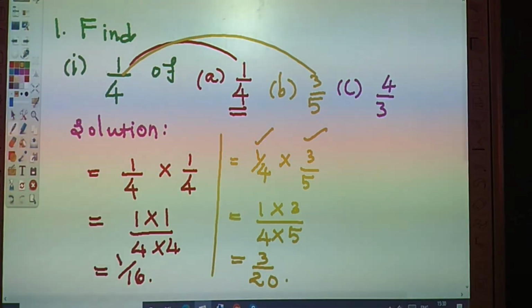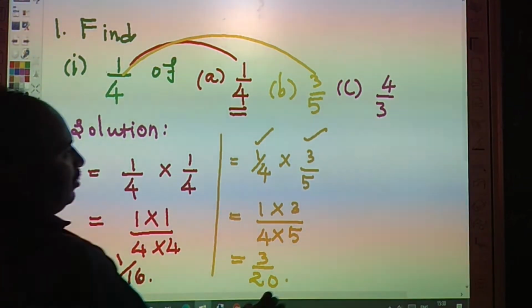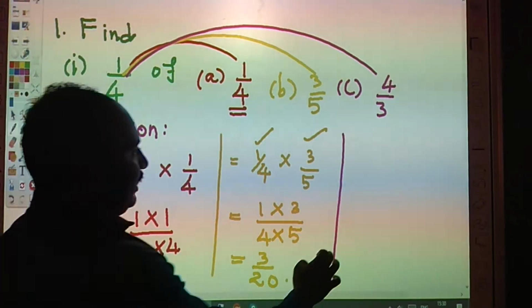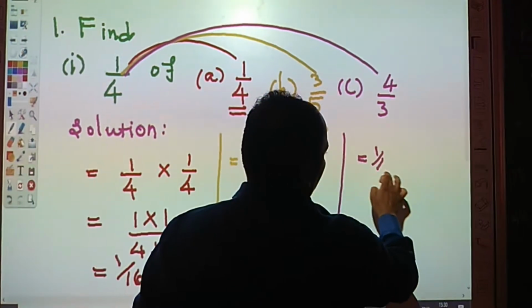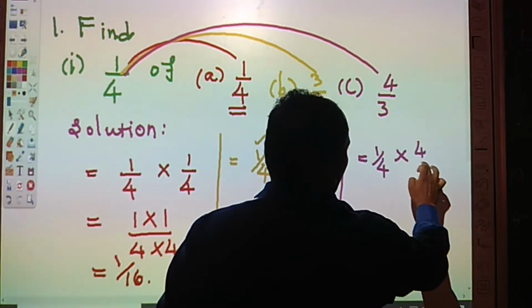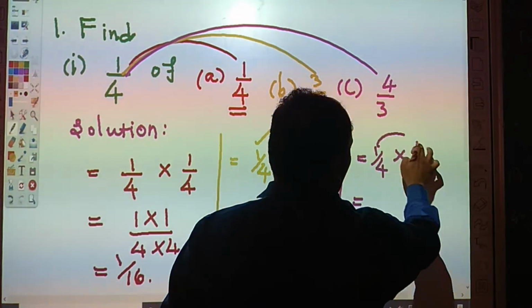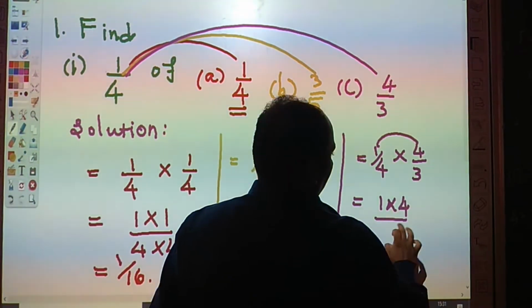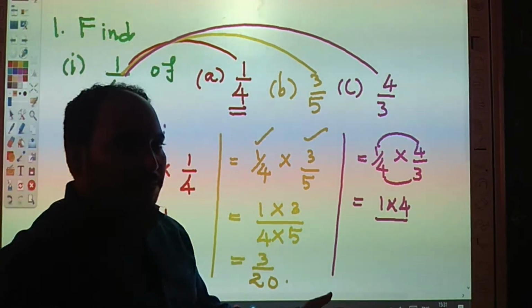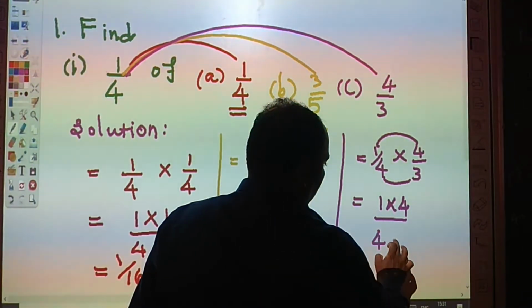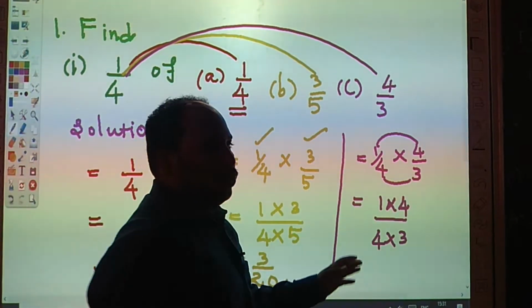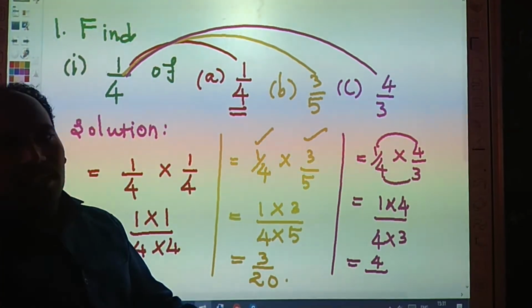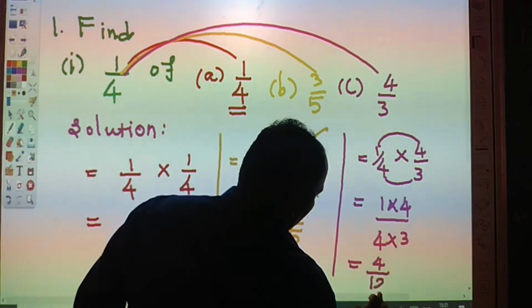The next one, C part: 1/4 of 4/3. So 1/4 into 4/3. 1 into 4, first we multiply the numerator, then divided by 4 into 3, the denominator part. 1 into 4 is 4, and 4 threes are 12.